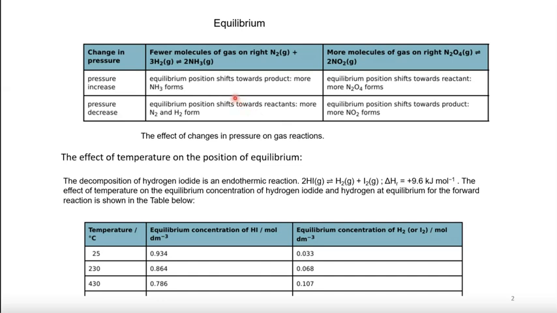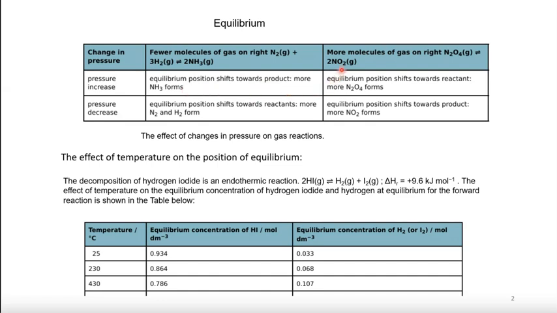Now I summarize that if we change pressure, and you have a reaction like nitrogen and hydrogen forming ammonia, the equilibrium position shifts towards the product, that is, more ammonia forms if pressure increases.